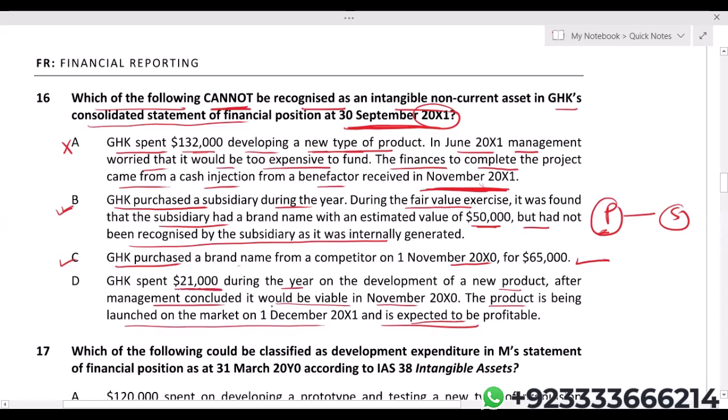After management concluded it would be viable. So when you are spending $21,000 after management has concluded it is viable to spend money on the development of the new product, definitely it will be capitalized. So only A cannot be capitalized, because in A the funds came after the year end.